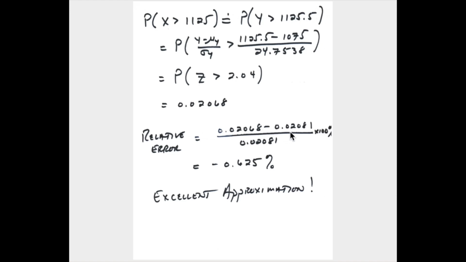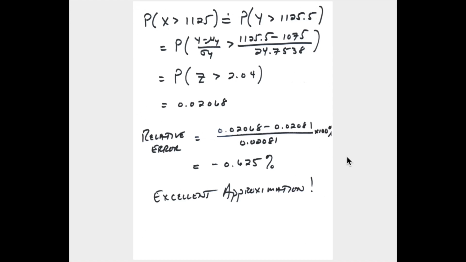Now the true value is 0.02081, so we see that we're very close. The relative error is bigger than the relative error in the last probability, but it's still very, very good. It's still less than 1%. The relative error in this case is negative 0.625%. And so that again is a great approximation.